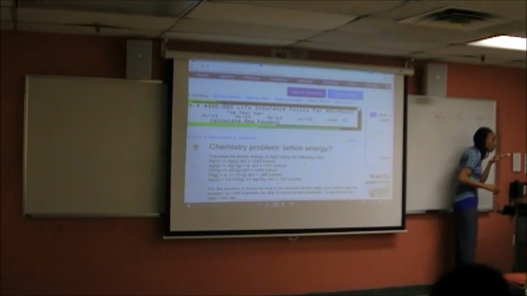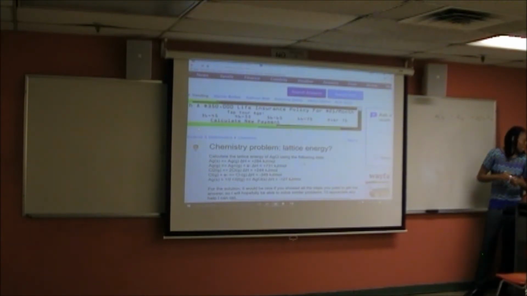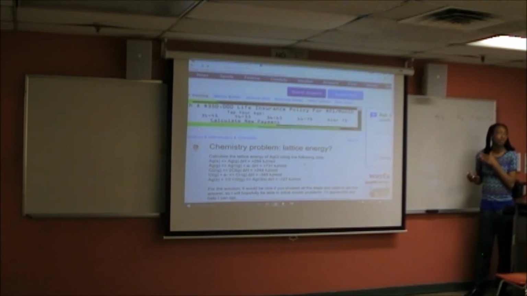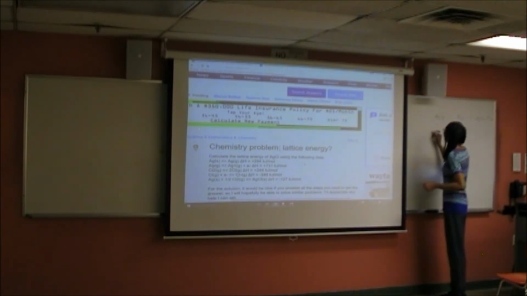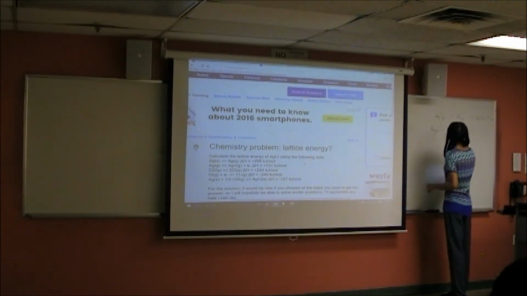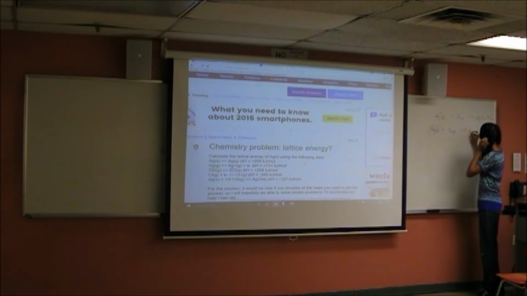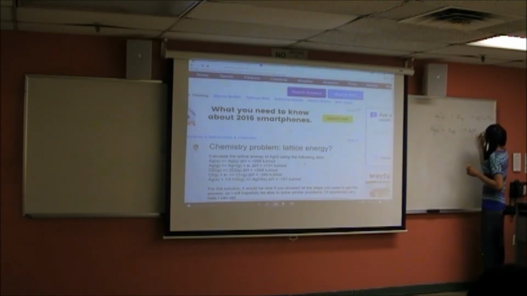So look at the information they give you. The first thing that we need to do is write out the full equation for the formation of silver chloride. So we have silver solid plus chlorine gas, Cl2 gas, to produce AgCl.